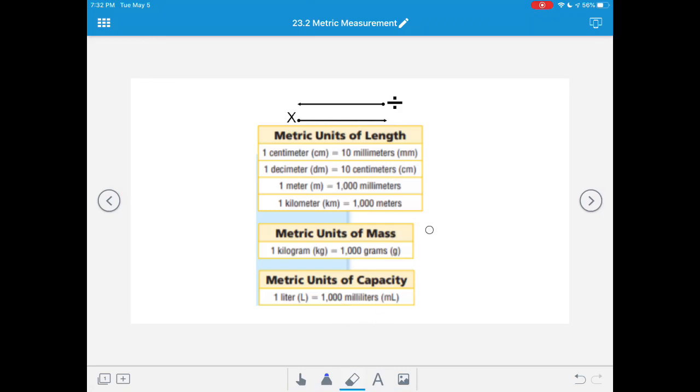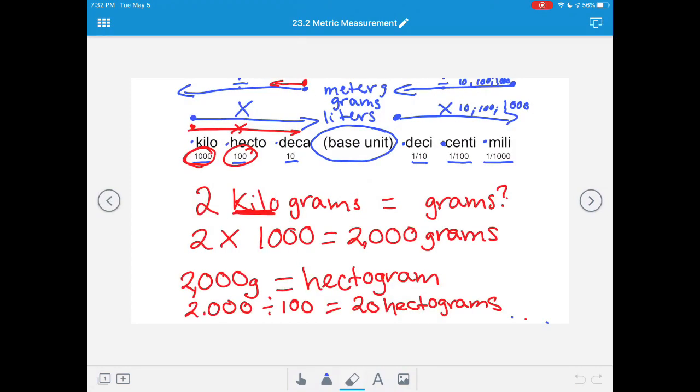If you're going from these on the right side to the left, we'll divide. So this is a little key to help you remember that today. Most importantly, though, is to make sure that you have copied down what these different phrases represent: kilo, deca, hecto, deci, centi, and all of those, what they represent.